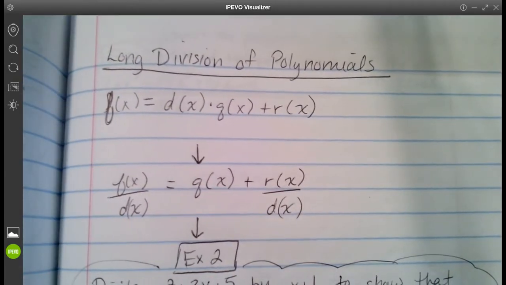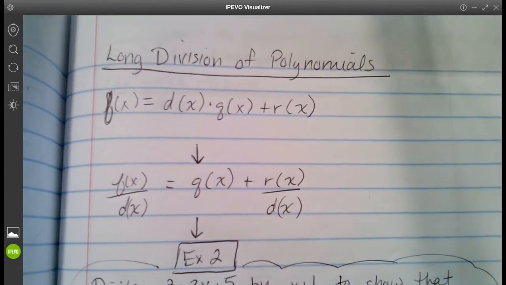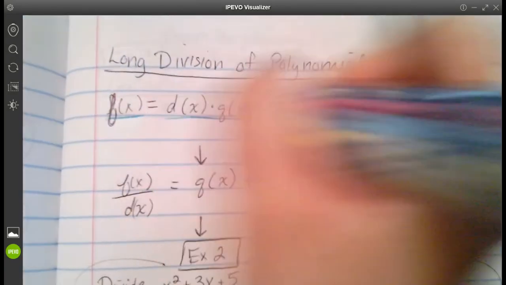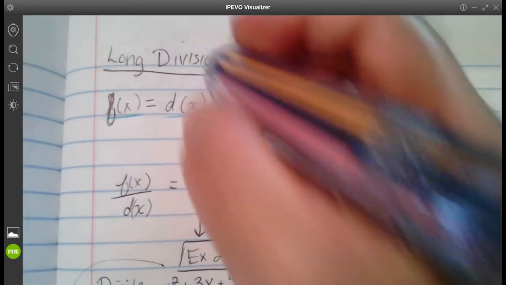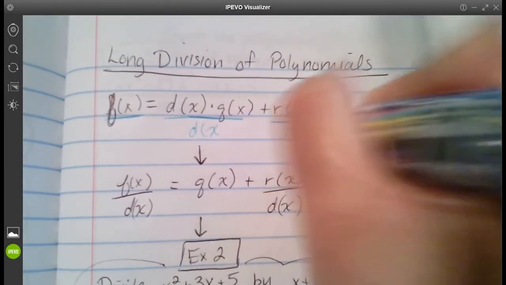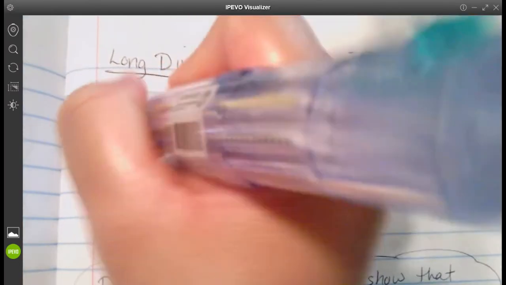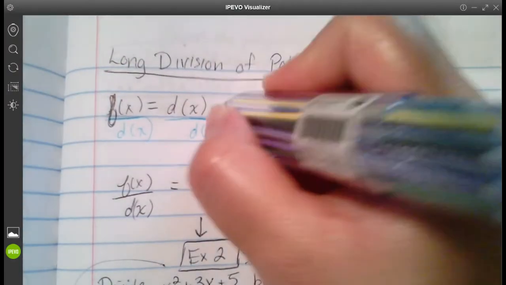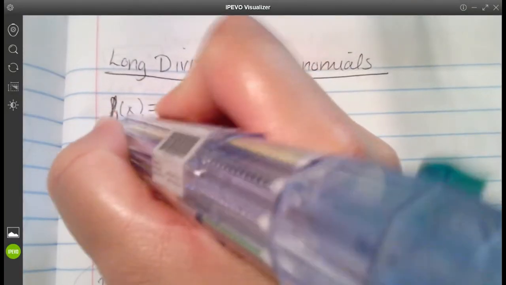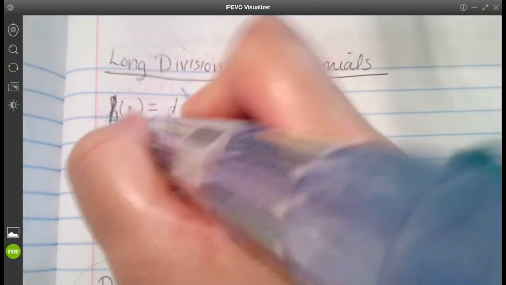And I'm just going to show you why that's allowed. If I divide all of these terms by d of x, this becomes 1, so I can cross it out.